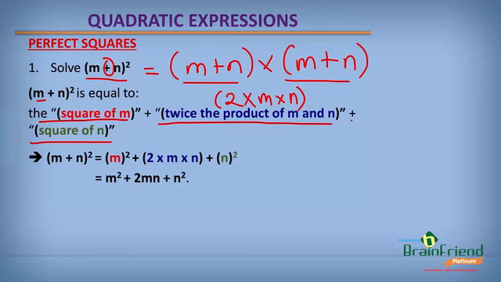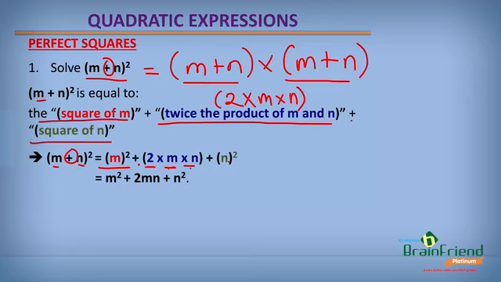Then we rearrange it after we've solved it. So this is what it looks like. m plus n all squared will be equal to m squared plus, because the sign here is positive, plus 2 times m times n. This m and n here is the m and n that was given in the question. So 2 times m times n plus n squared, which is the other term in the bracket here.